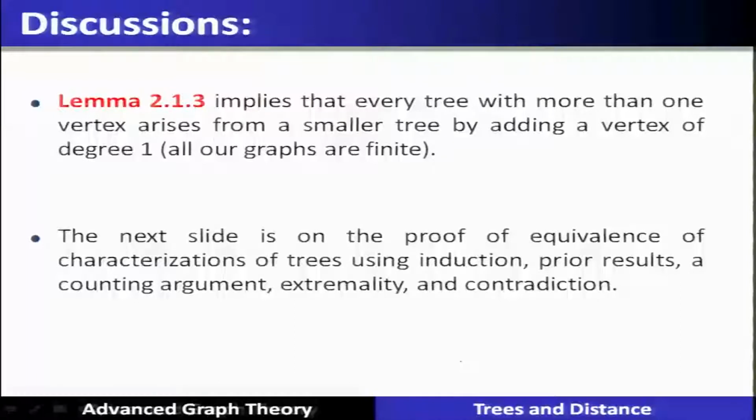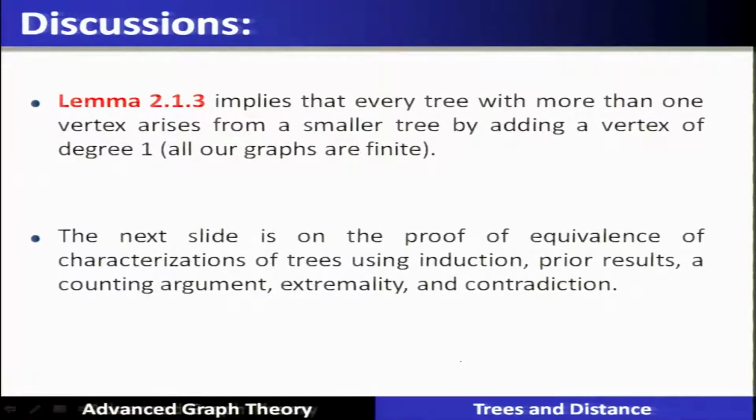G prime is also a tree with n minus 1 vertices, which we have already proved. So this lemma implies that every tree with more than one vertex arises from a smaller tree by adding a vertex of degree 1. This is how we can construct a tree from a single node.